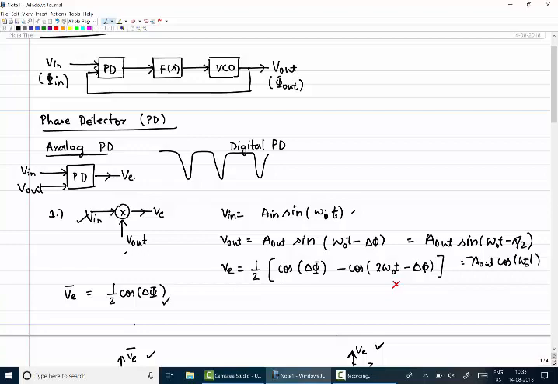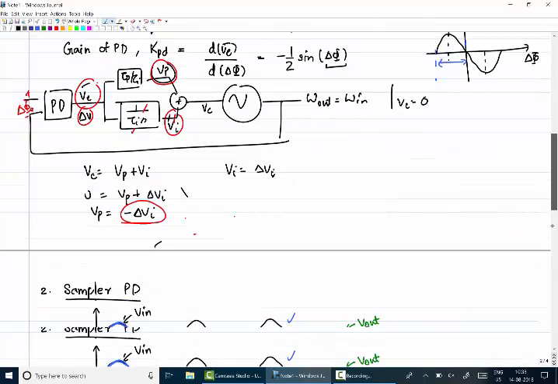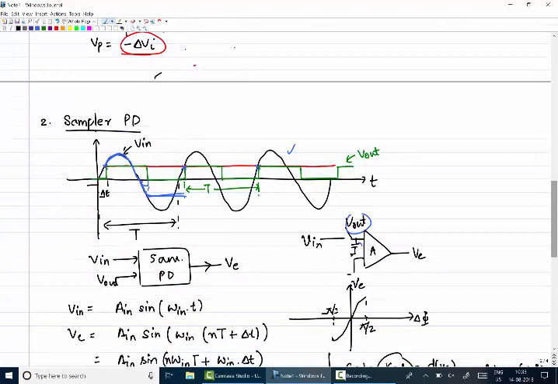Right? Now, what will happen in this case if I am still pursuing the same sample and hold for this phase detector? So you may keep on sampling different points every time. Maybe then again the point comes back as some lesser value.